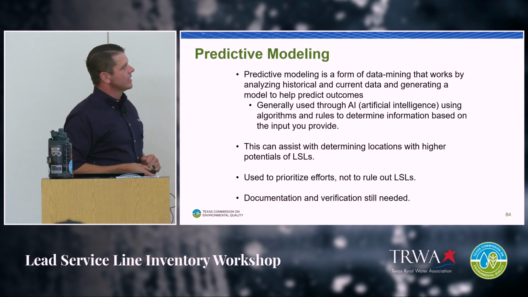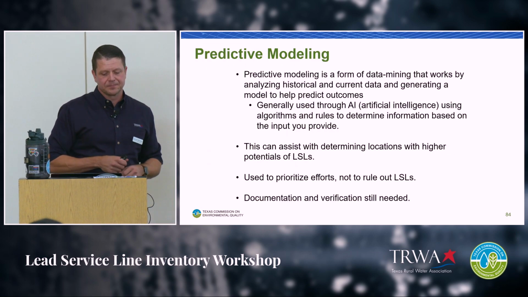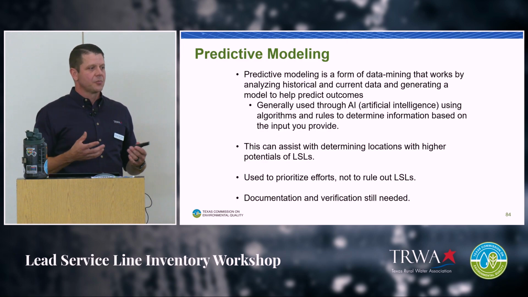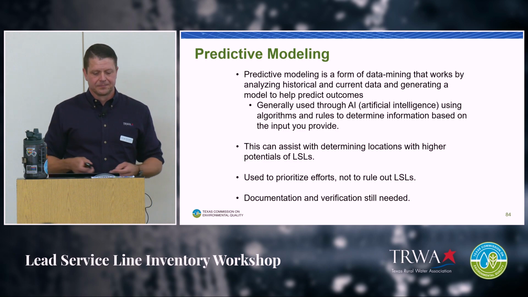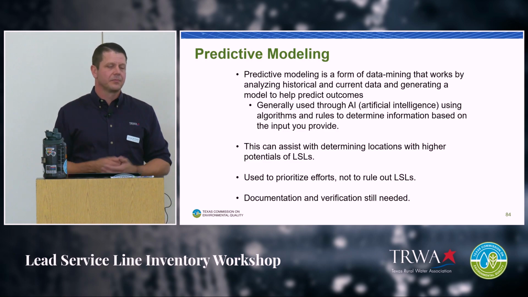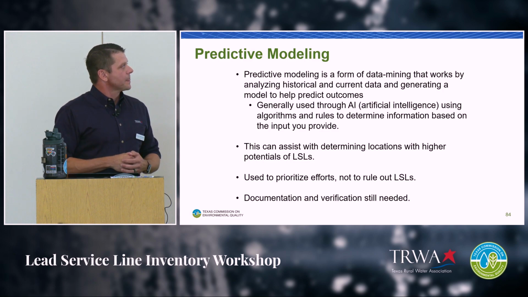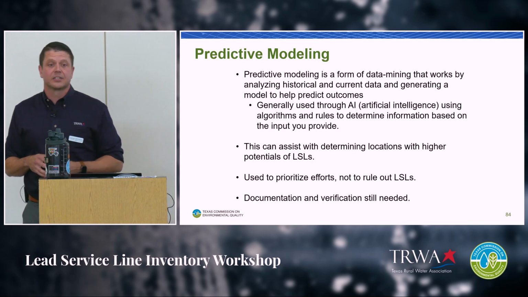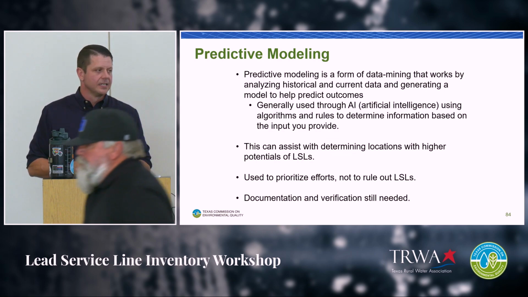Predictive modeling is a form of data mining that analyzes historical and current data and generates a model to help you predict what could be out there. This is generally done through AI, not always, but in most cases, to help you determine if a certain section of your utility could have high potential for lead lines.